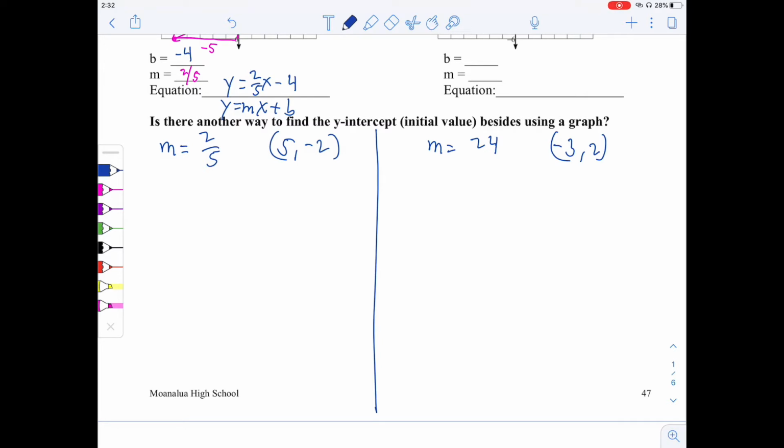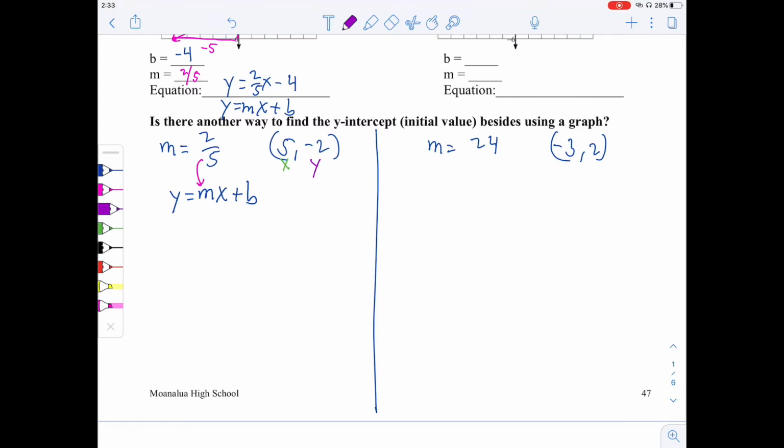And let's figure this out. So how do we do it? So let's compare. We're always comparing to y equals mx plus b, right? So we're given a slope, which is the m. And then what other values are we given that we can put in our equation? Right? So given a point is always x, y, right? So we're given an x value and we're given a y value that we can also put into our equation that will just leave us b.